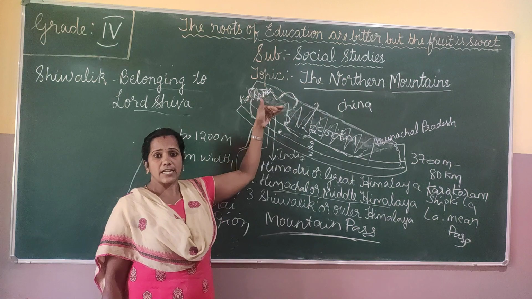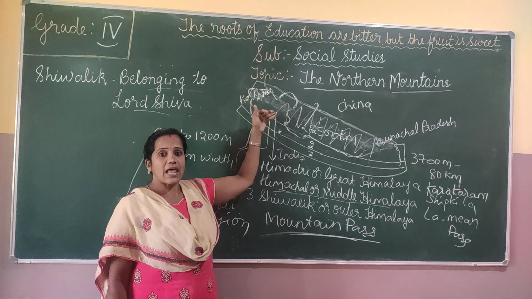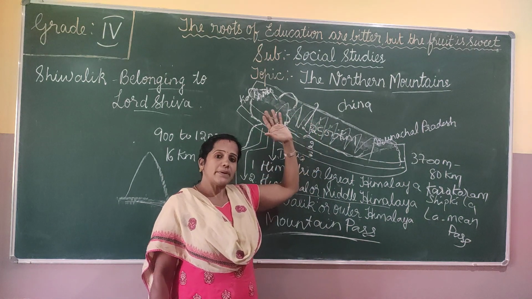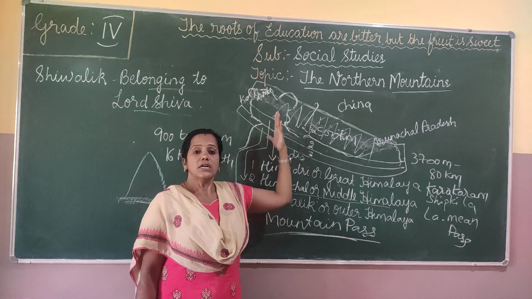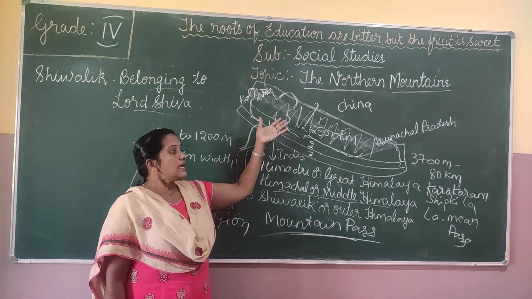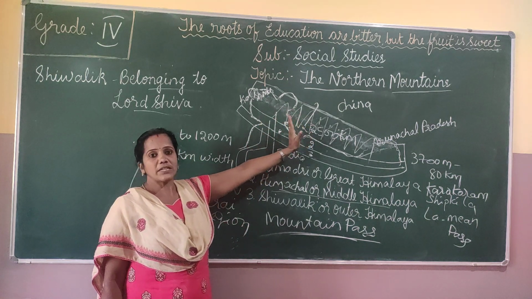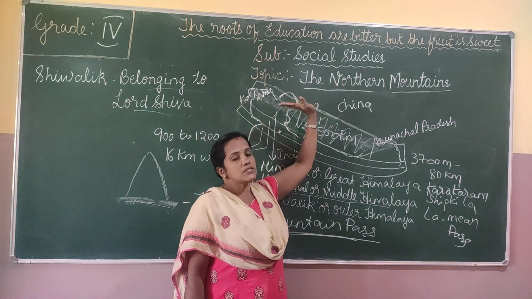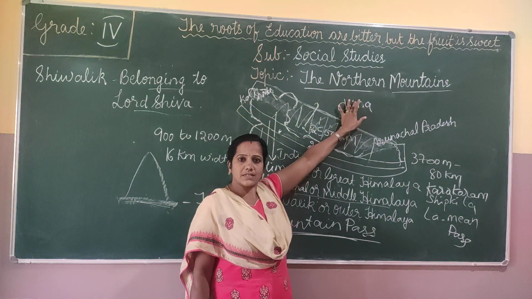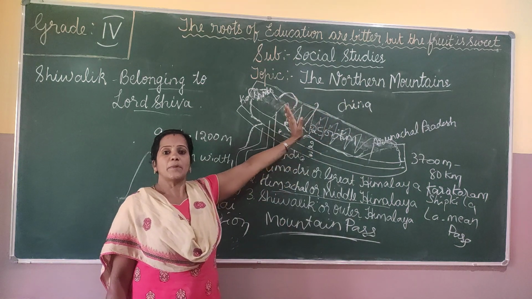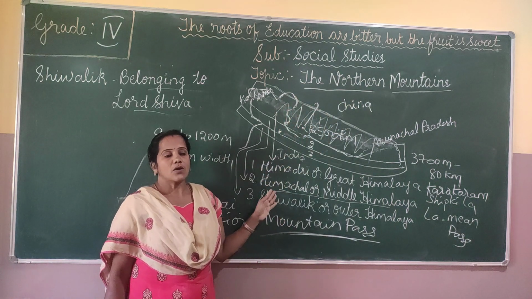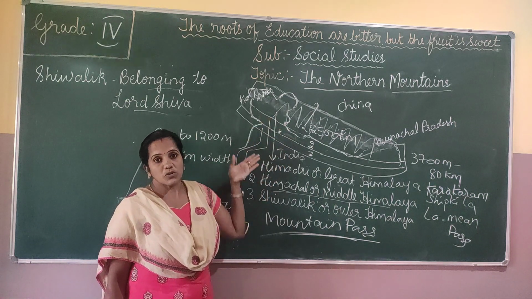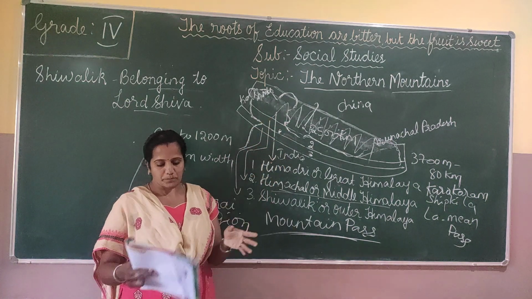The rain-bearing clouds hit these peaks, and the rain falls on the northern plains. If these mountains had not been there, all the rain-bearing clouds would have flown to other parts of the country. So these protect our country. If these peaks had not been there, it would have been a desert.